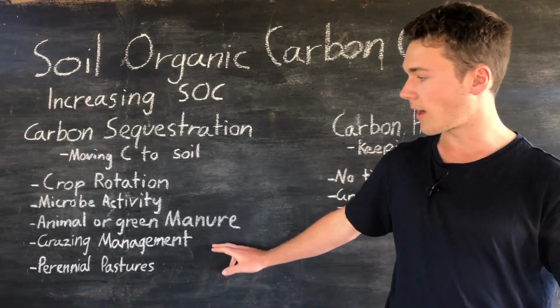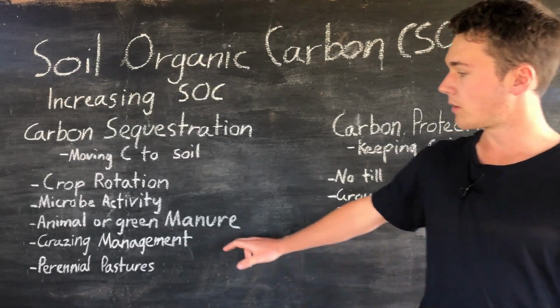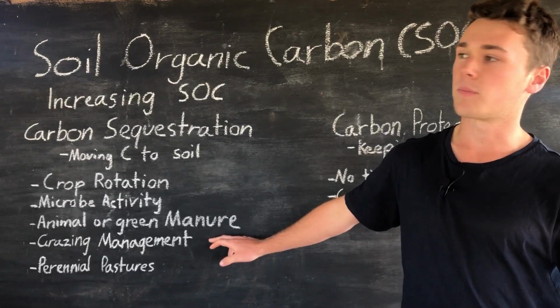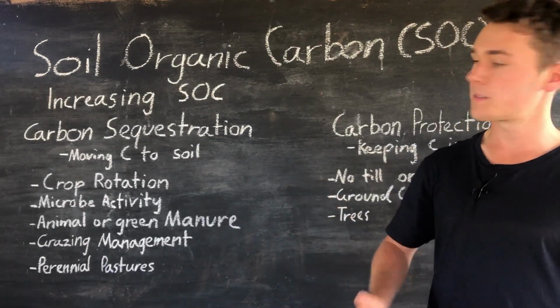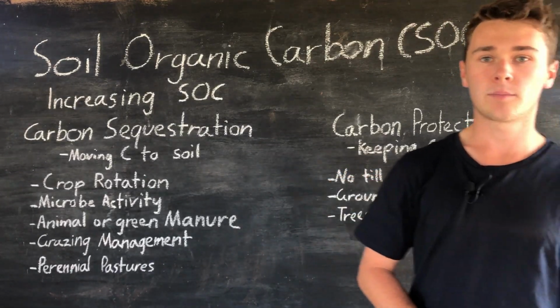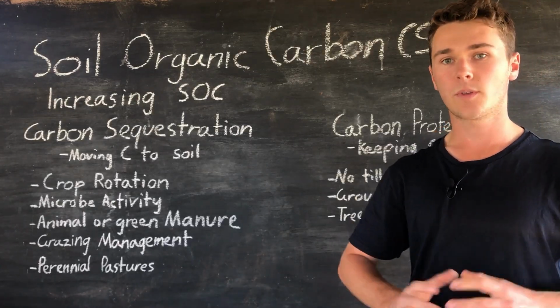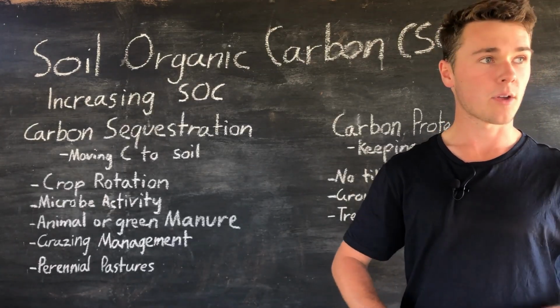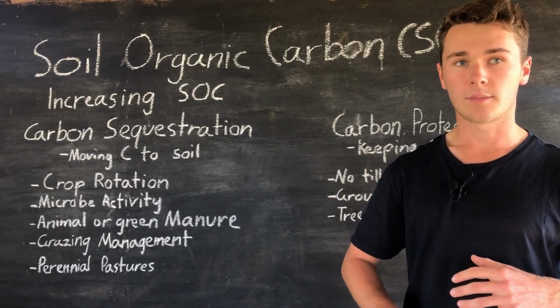So we can use our grazing management to boost our plants' growth. If you graze it too much, the plants can actually be set back, preventing photosynthesis, which prevents us sequestering carbon. So it's a fine line between grazing too much and not grazing enough, because at the end of the day we want to grow plants or grow animals so that we can sell them and drive profits for our business.